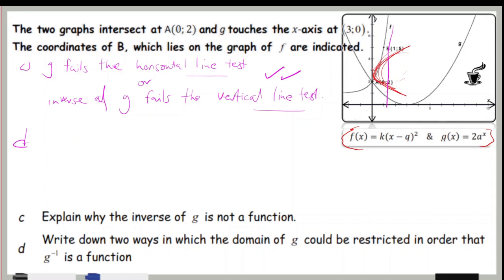Write down 2 ways in which the domain of g can be restricted in order that the inverse of g is a function.